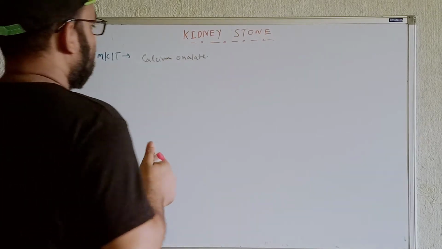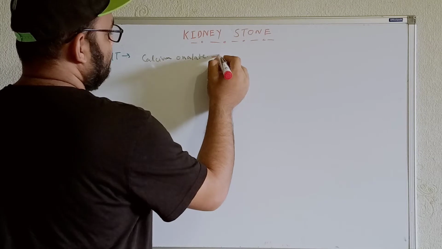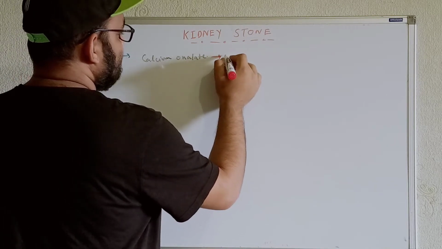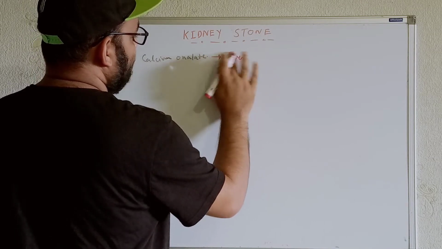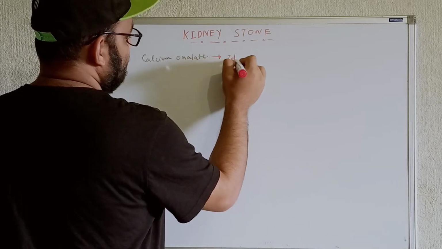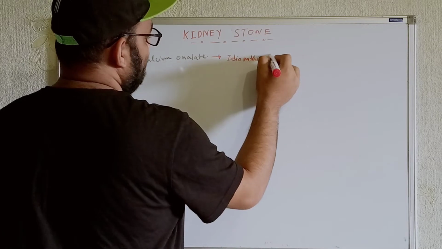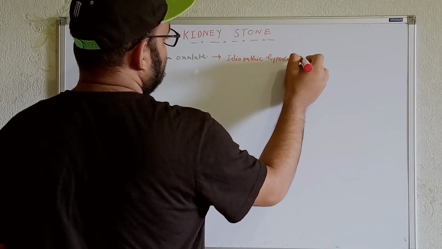The main reasons for forming calcium oxalate containing stones, what are they? In these cases we will get idiopathic hypercalciuria. You can write it this way: idiopathic hypercalciuria.